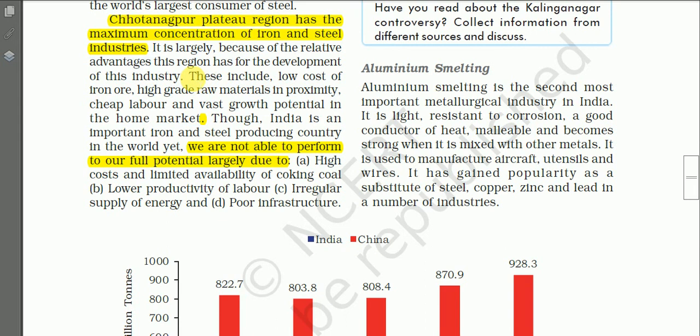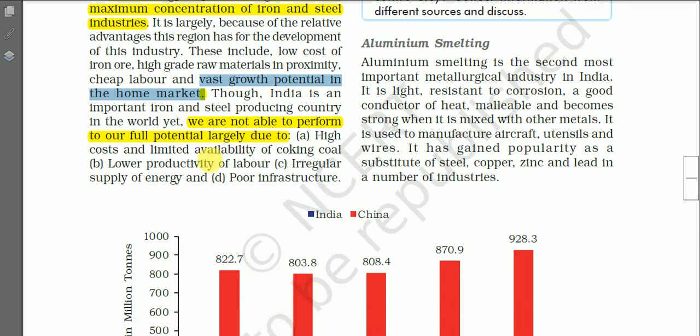These advantages include the low cost of iron ore, that means iron ore is obtained in this region. Then high grade raw materials in proximity, found nearby the industries. Then cheap labor is obtained from West Bengal, Bihar, Uttar Pradesh, and there is vast growth potential in the home market. India is a developing country, and the iron and steel industry has a prospect.